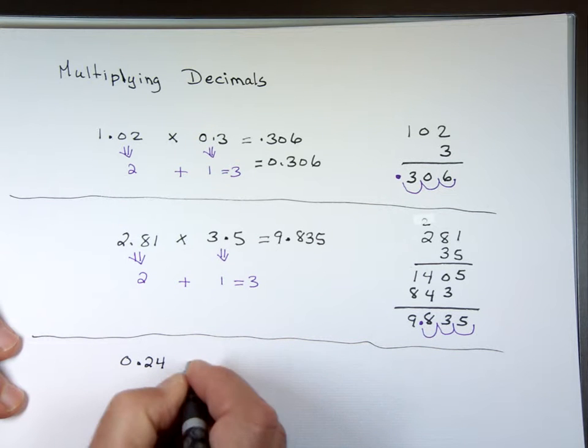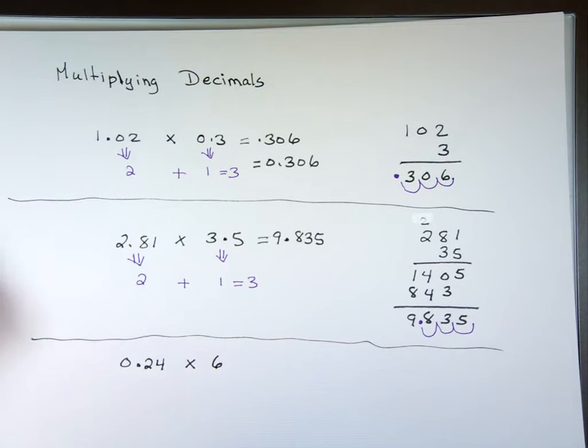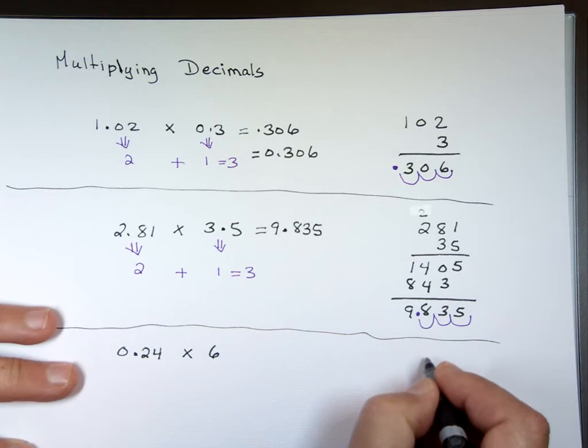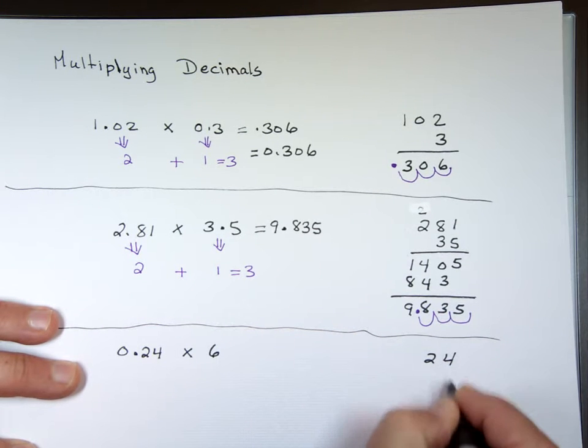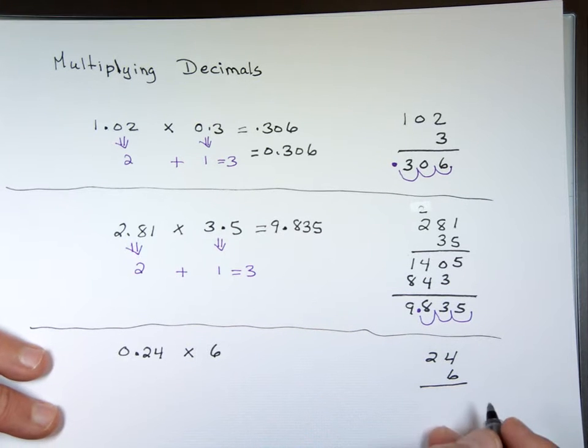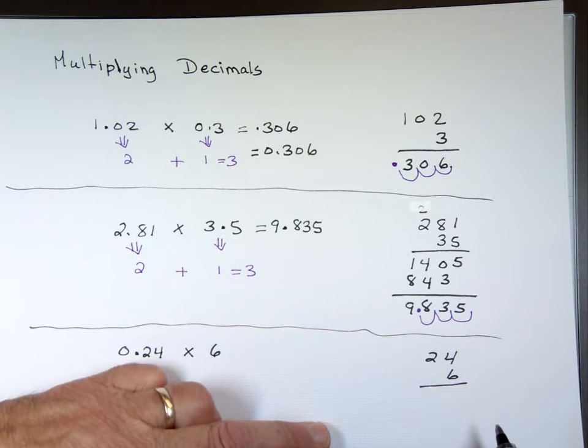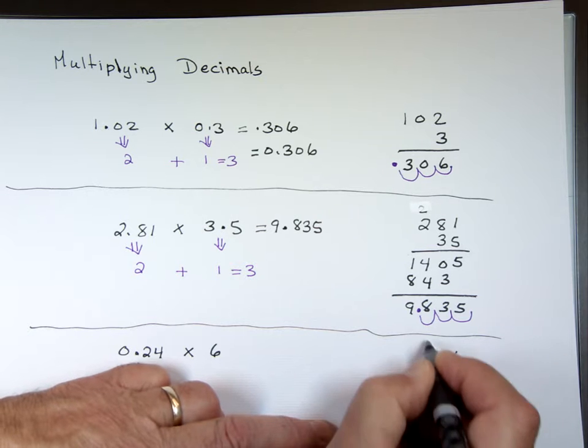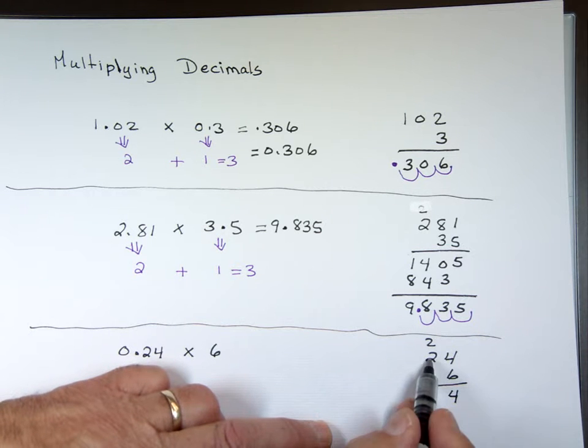Now .24 times 6. Write the number without the decimal point, 24 and 6. Let's multiply. 6 times 4, 24. 4, carry 2. 6 times 2 and 2.